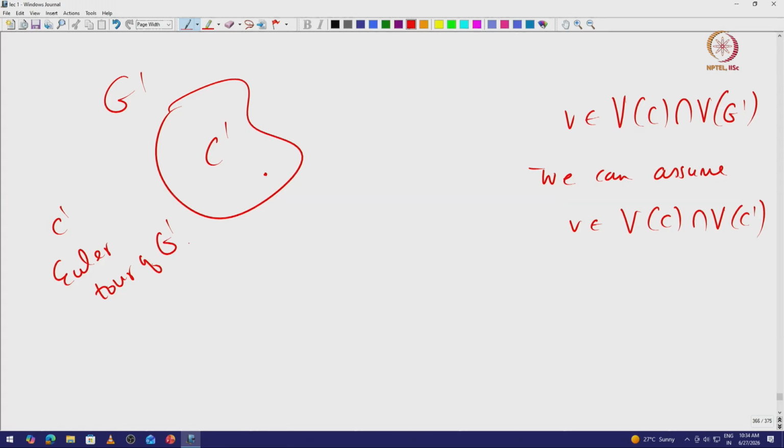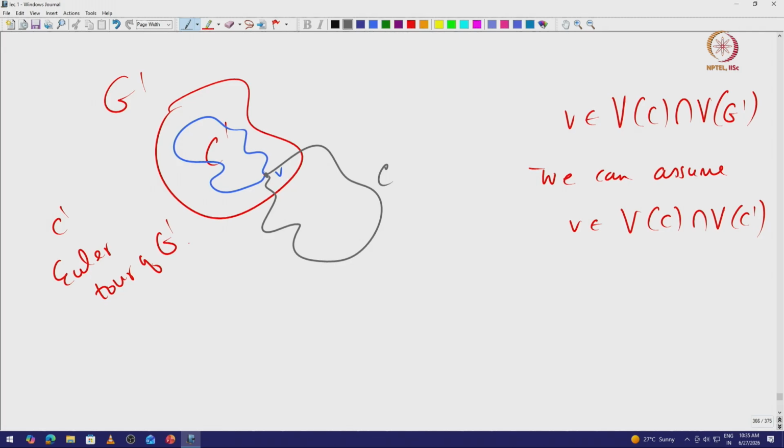So, now let us draw the diagram like this. You have this vertex V, and then you have this C dash that is inside your G dash. Then you have another closed trail, C. Let us use some other color. That starts with V and then goes around something like this. So, this is my C and this is my C dash.